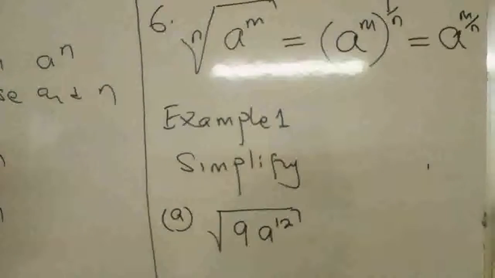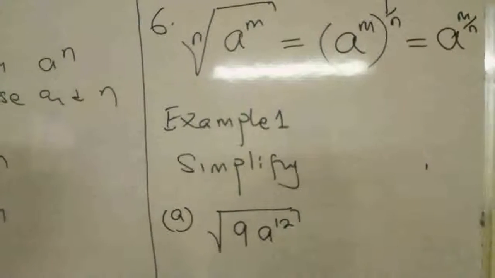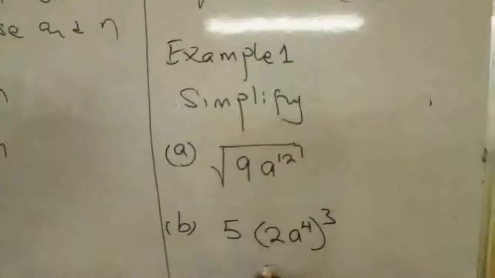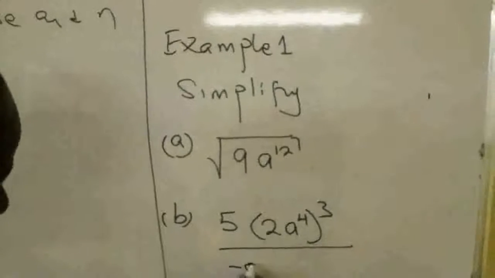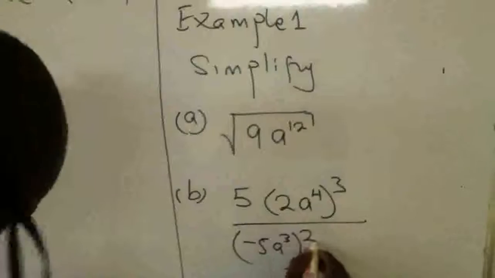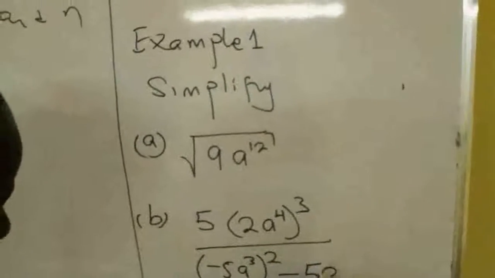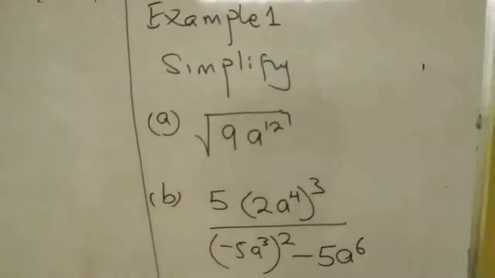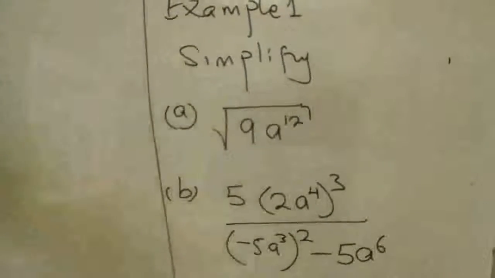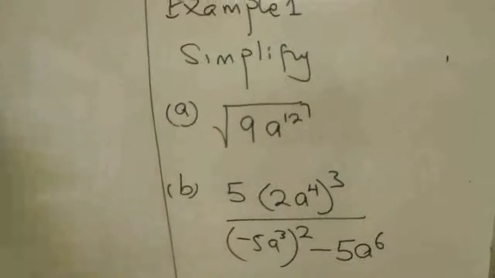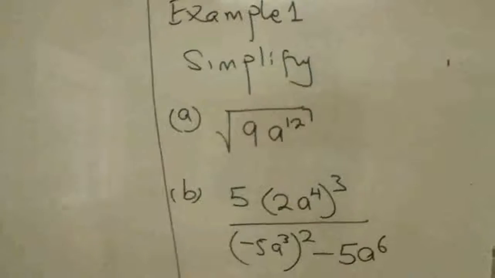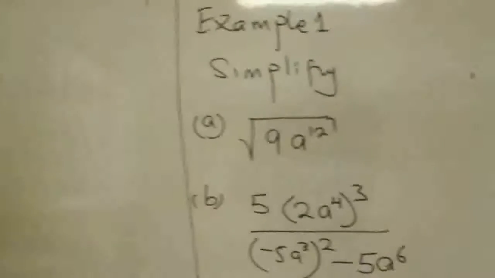And part B, 5 into brackets 2a power 4 power 3 divided by negative 5a cubed, close brackets squared, subtract 5a power 6. Those are two examples, and you're going to see how we can use the rules of exponents to solve them.